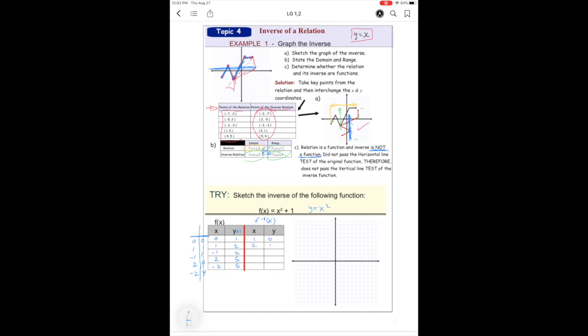So 1, 0, 2, 1, 2, -1, 5, 2, 5, -2, and then I can sketch. So 1, 0, 2, 1, 2, -1.